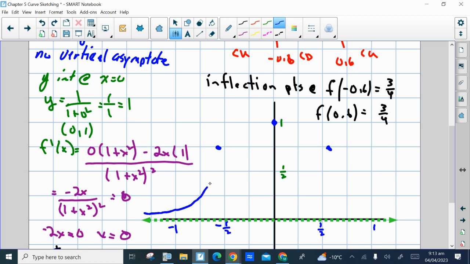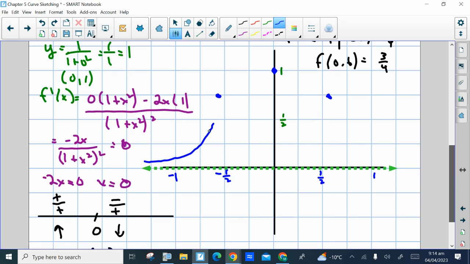So it's going to come up to the point of inflection, to the maximum, and then go down to that other point of inflection, and then approach the asymptote. And they do a bit better job of that. Okay, something like that.